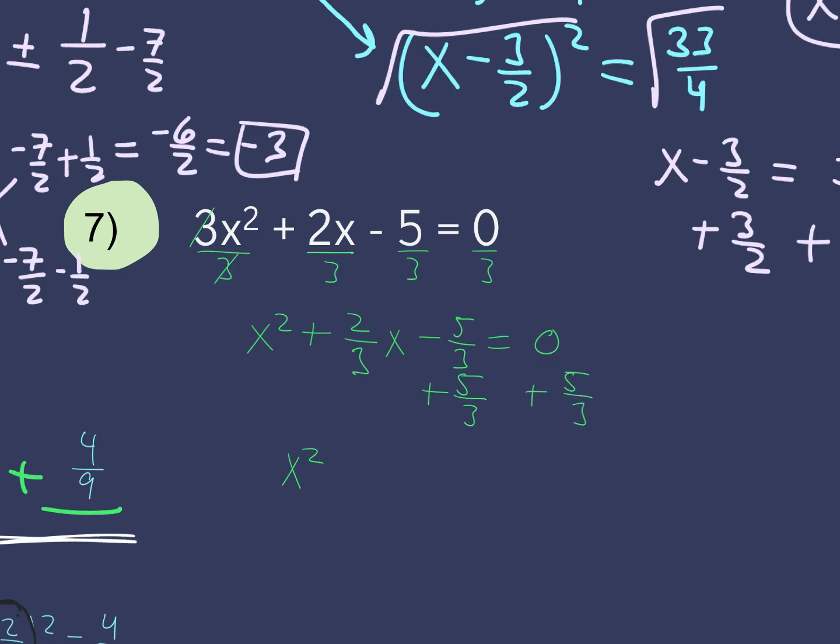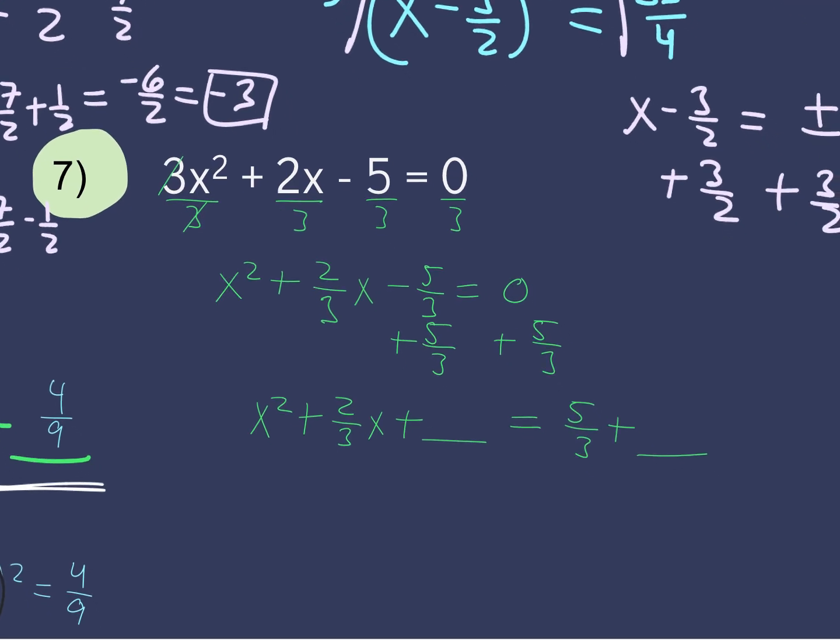So then I get x squared plus 2/3 x plus a little blank equals 5/3 plus a little blank. What should go in that blank? Okay, so it's going to be b over 2 squared. So doing that in this case, it's going to be 2/3.